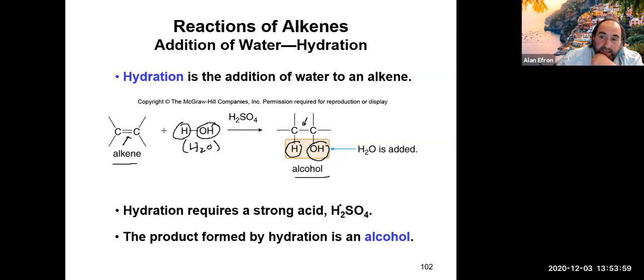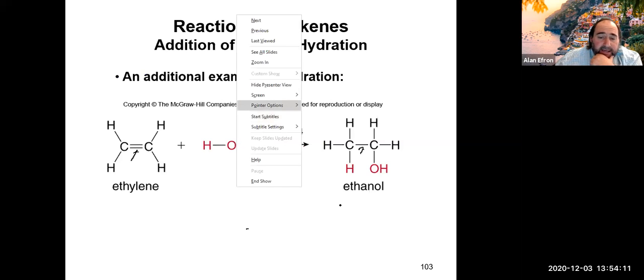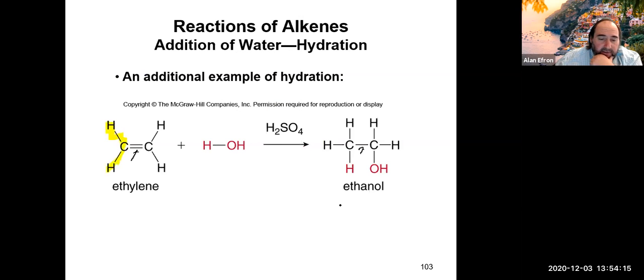If we take a look here, here's an actual example. Again, our double bond is going to become a single bond here. And again, nothing's really going to change. So if we just highlight the parts, all of that is right here. All of this is right here. And again, our double bond here became a single bond.